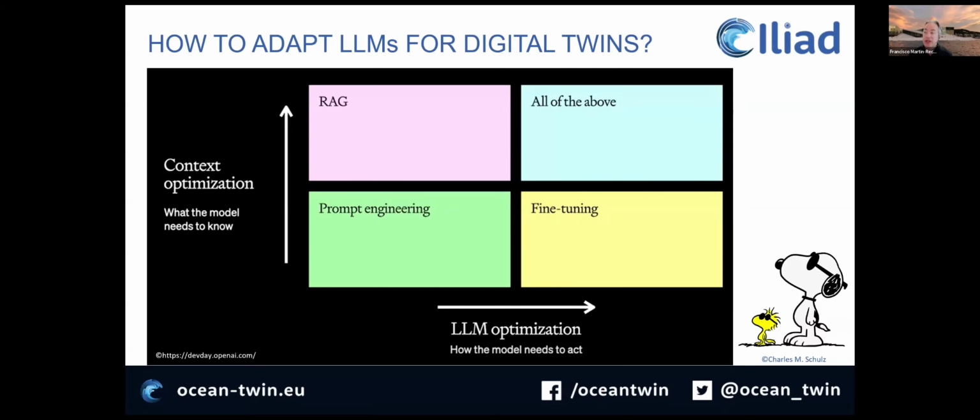These models are usually trained on very broad knowledge, but this knowledge may be outdated because it was trained perhaps last year, or it may not be related to your domain of expertise or the domain of the digital twin you are building. In this case, there is a technique called RAG, Retrieval Augmented Generation.